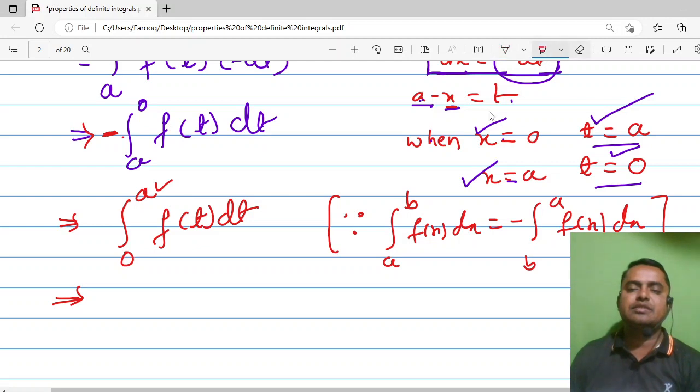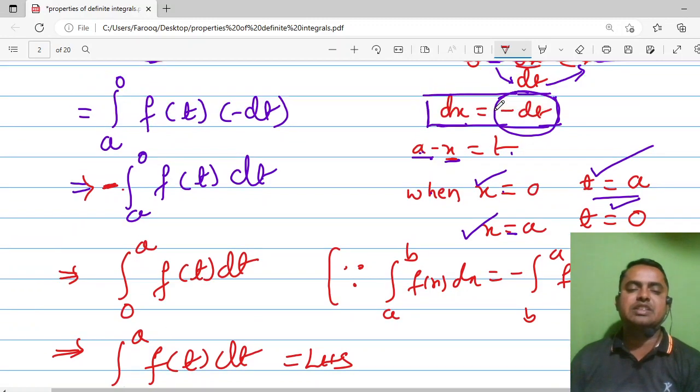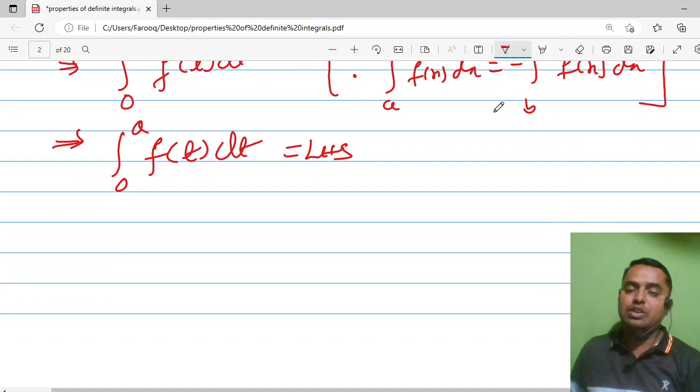Next, in the last step, the first property, that is change of variable: 0 to a f of t dt. If you change the variable, then there will be no change in the integral. Wait a minute, t is replaced by x here.